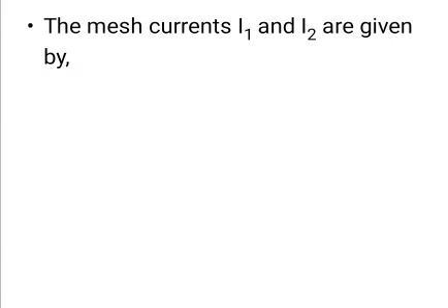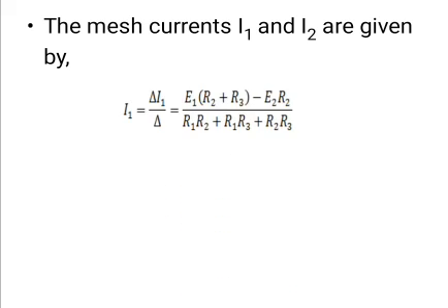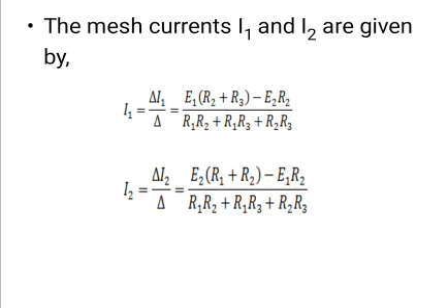Next, the mesh currents I1 and I2 are given by I1 equals delta I1 divided by delta, and I2 equals delta I2 divided by delta.